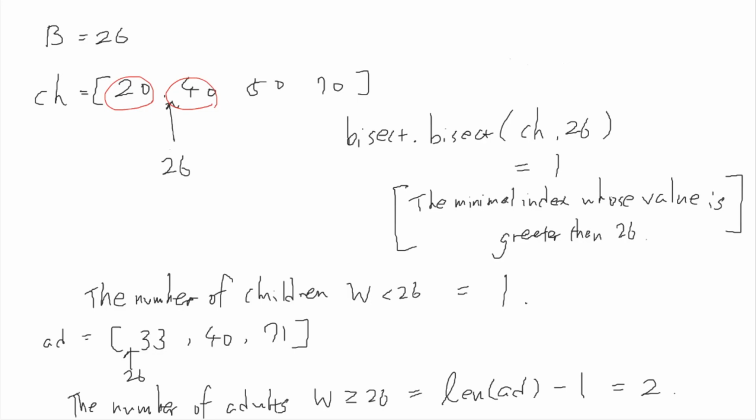The useful tool is bisect in Python. You can write it like this. This function means you get the minimal index whose value in the list is greater than 26.